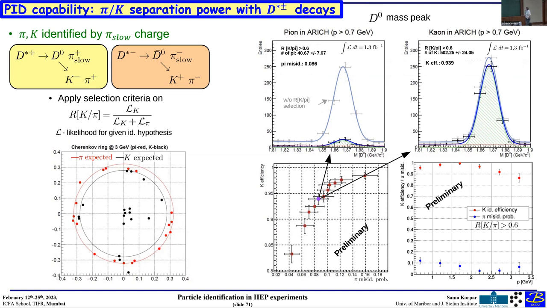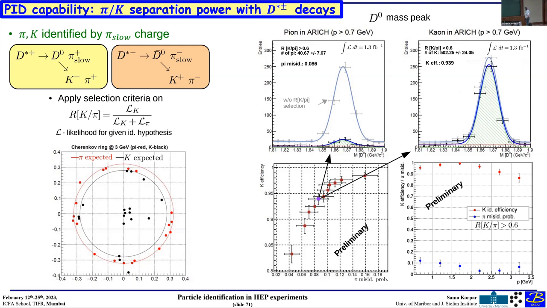So with this, without any previous bias, we can then determine the efficiency. So we collect these events, and these are pions determined from these kinematics that go into RICH. And then we put a likelihood cut on whether this was a kaon, and we still get some. This is the misidentification probability. And then these are kaons that go into RICH, and the likelihood whether they are kaons, and you see that most of them are properly identified.